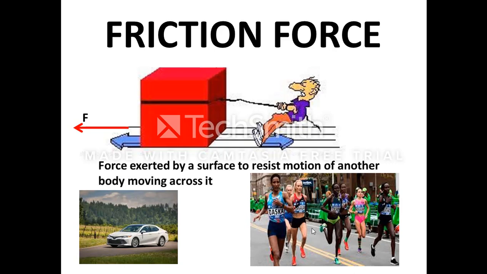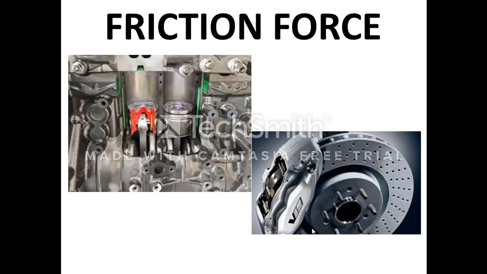And forces exerted by a surface to resist another motion moving across it, that's how we define the friction force, and it usually acts in the opposite direction of motion.